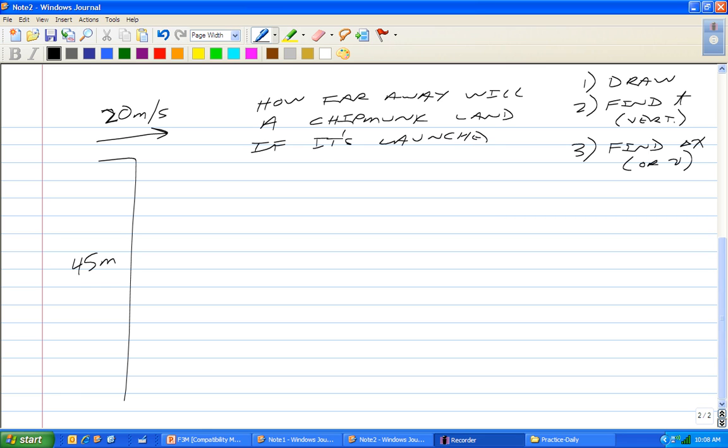Will this chipmunk land if it's launched 20 meters per second off of a 45-meter high tower. I know, what kind of weird, sick person would do that? Right.